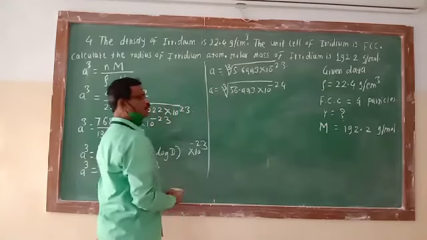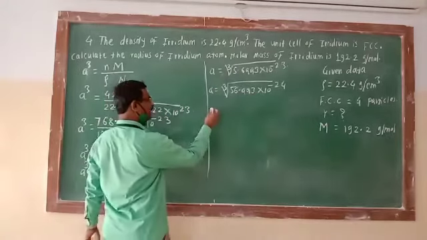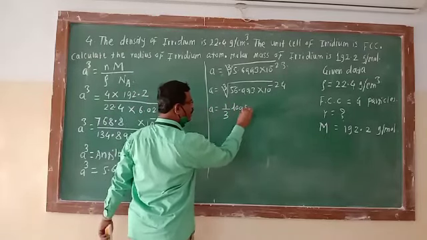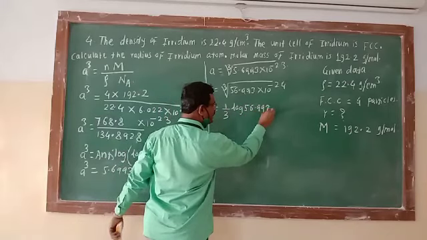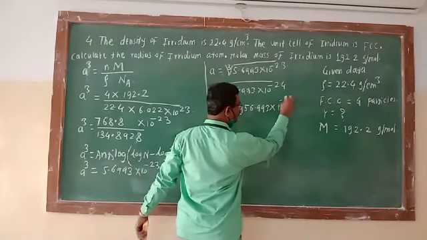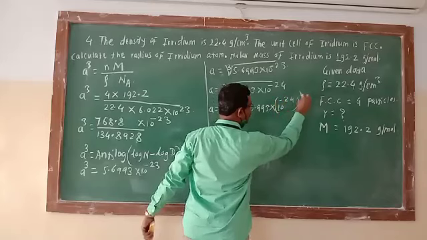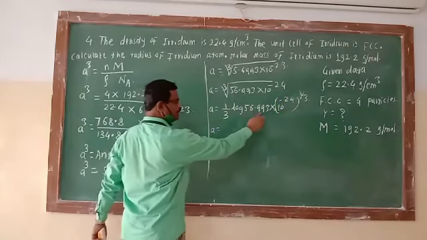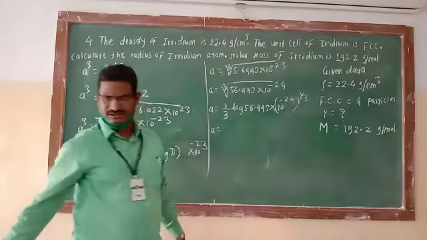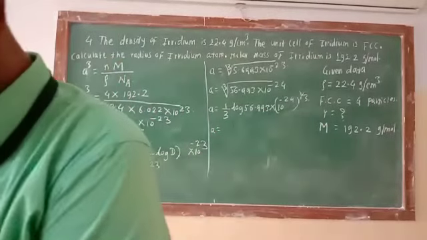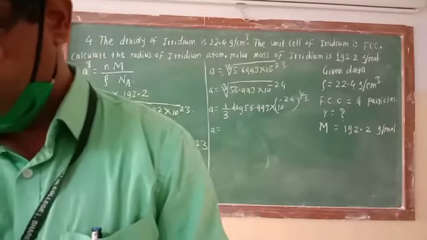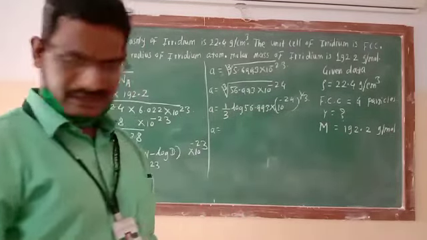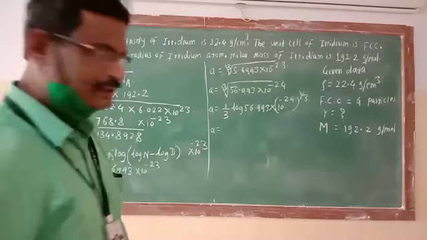And the further solution, we know it is done like this. a is equal to 1/3 log of 56.993 into 10 raised to minus 24, raised to 1/3. If we solve this, the log of this term divided by 3. The log of 56.993: the characteristic is 1.